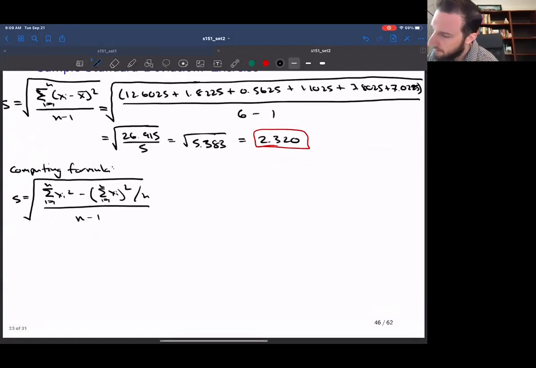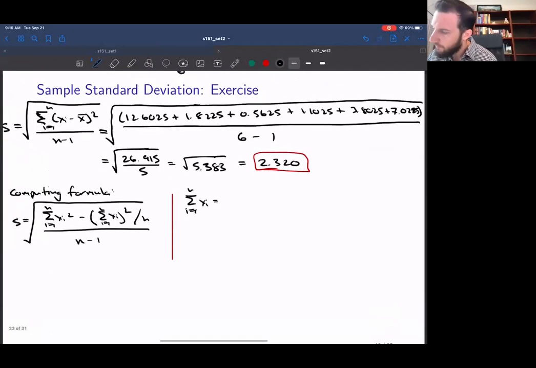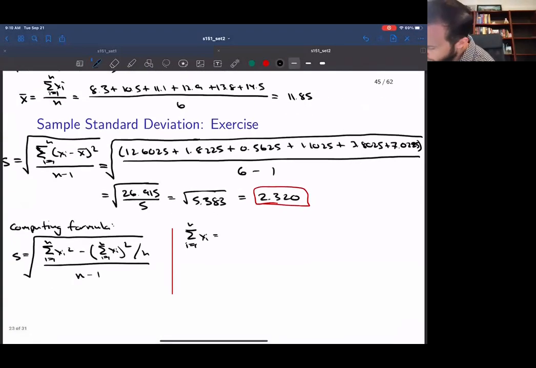All right. So we have the sum from i equals 1 to n of xi. We actually worked this out above, or we wrote this out already. So this is going to be 8.3 plus 10.5 plus 11.1 plus 12.9 plus 13.8 plus 14.5.